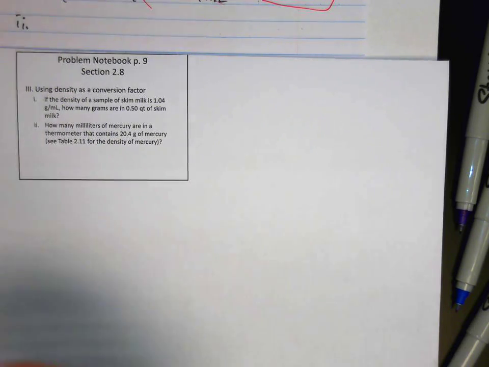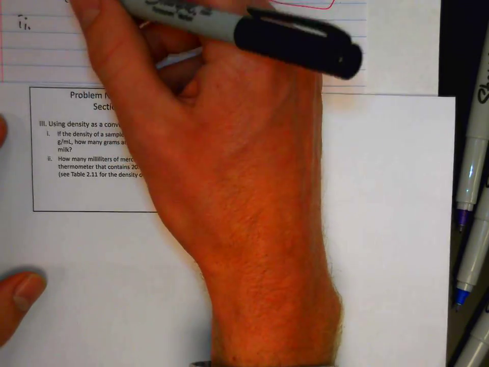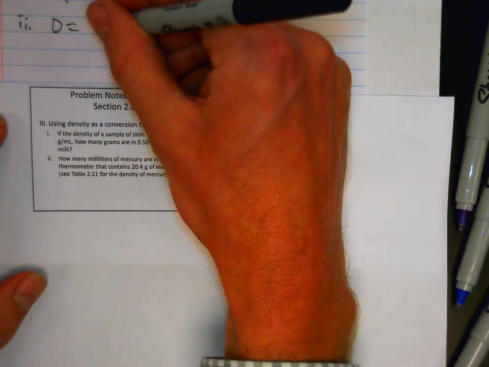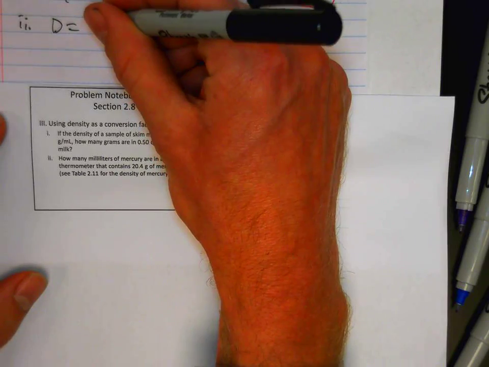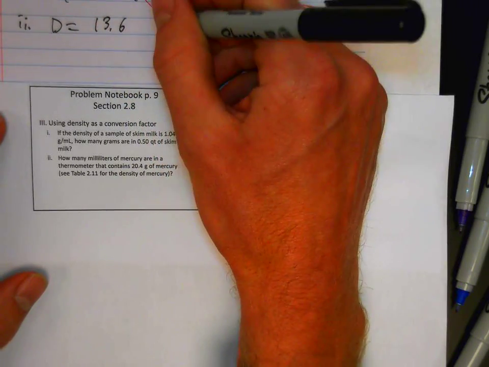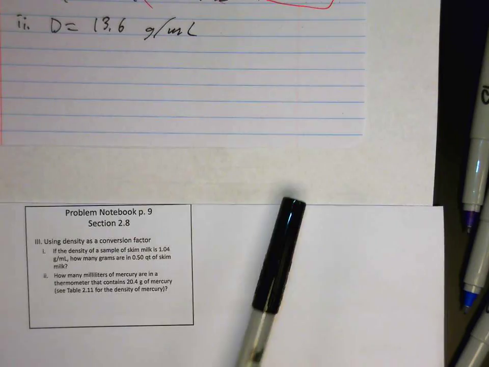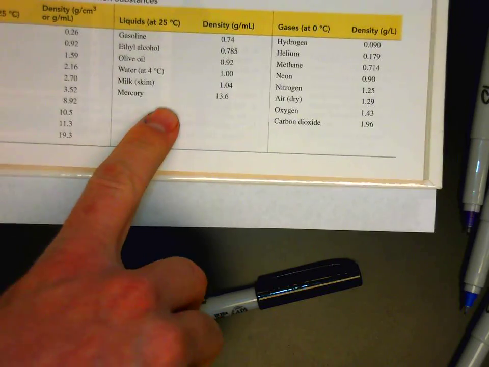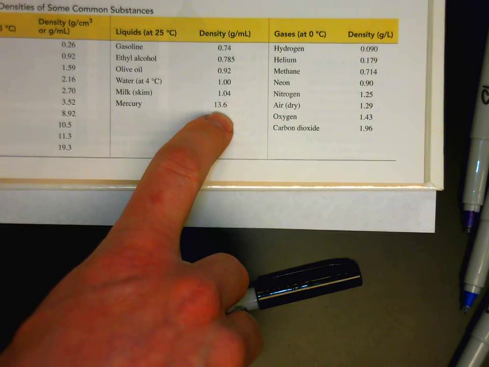And so the density of mercury is 13.6 grams per milliliter. I'm looking at the table from the textbook. It's right there, density of mercury. It's on page 45.